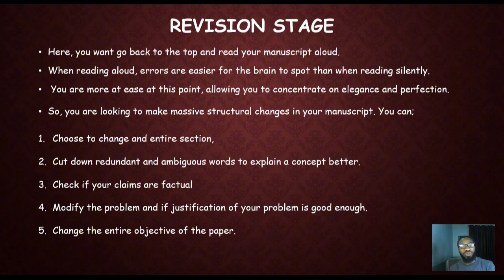Remember, you don't concentrate on elegance and perfection in the writing stage. You do elegance and perfection in the revision stage. If you try to combine the revision stage and writing stage together, everything will just clash in your head. And if you try to combine the pre-writing stage, the writing stage, and the revision stage together, everything will just look so clumsy in your face.